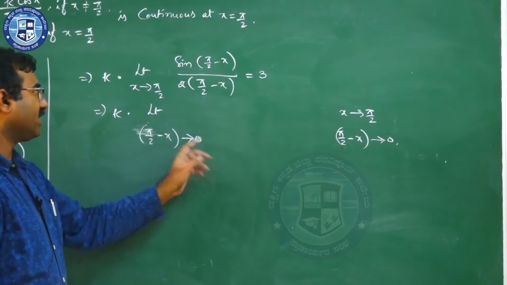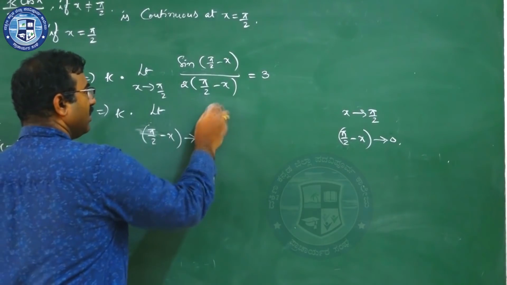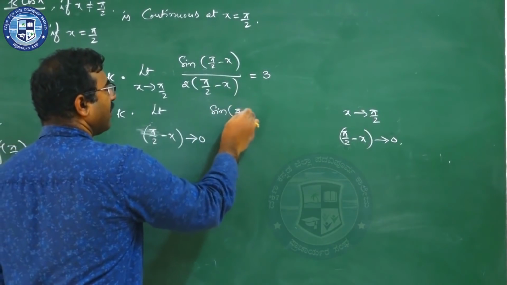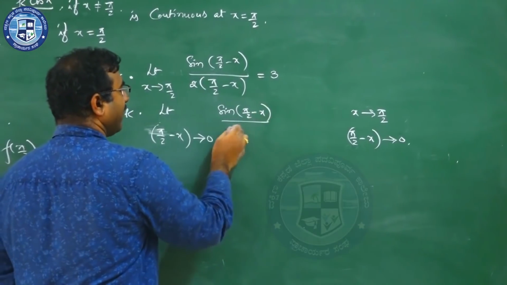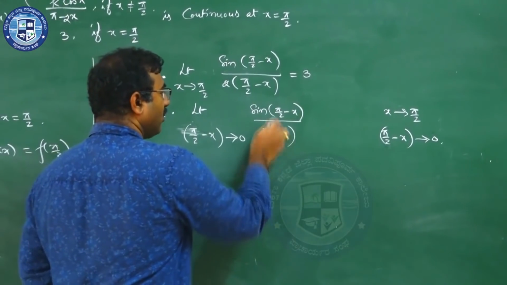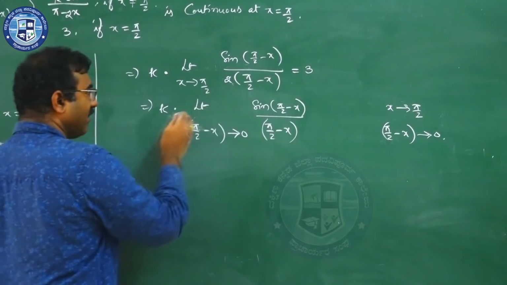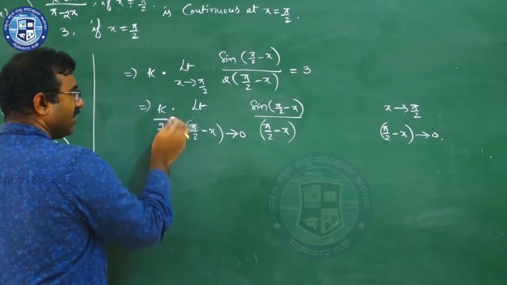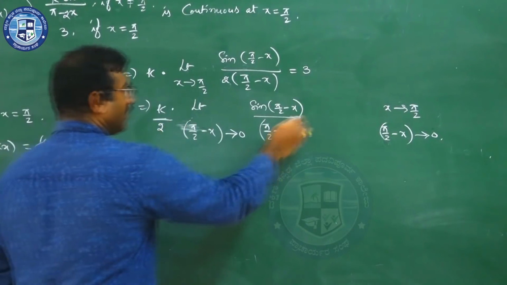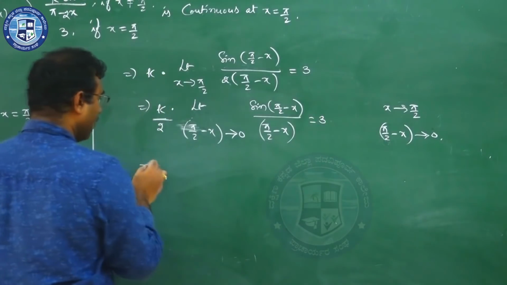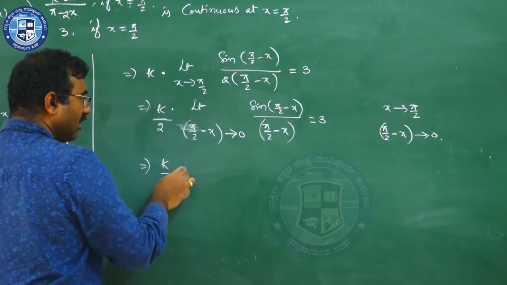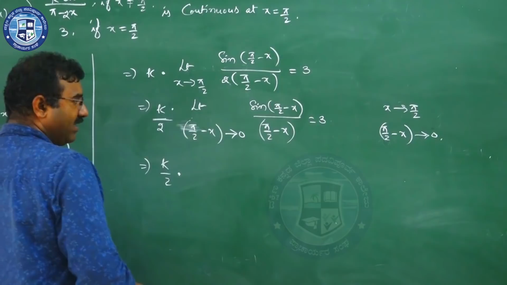So, as pi by 2 minus x goes to 0, sin(pi by 2 minus x) divided by (pi by 2 minus x). Here 2 is present in the denominator, so I will write k by 2 outside the limit, which is equal to 3. And it is a known formula to you, right?